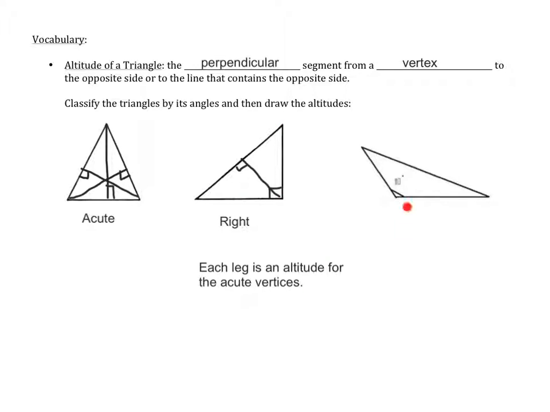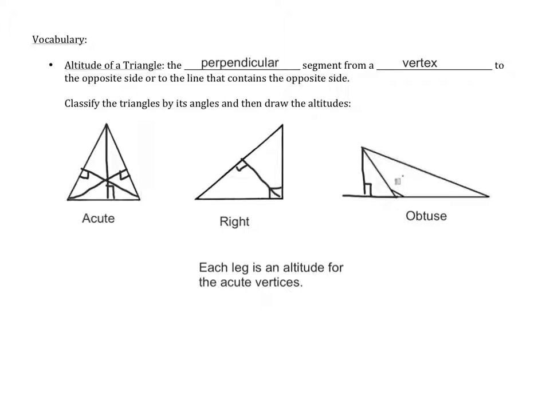And finally, we have an obtuse triangle since this is 110 degrees. To draw the altitudes in an obtuse triangle is a little bit more difficult. Notice that if I start at this angle right here, a perpendicular line would be down this way. So I actually have to extend this line outwards. So this altitude is actually outside of the triangle. So it would end up looking like that.